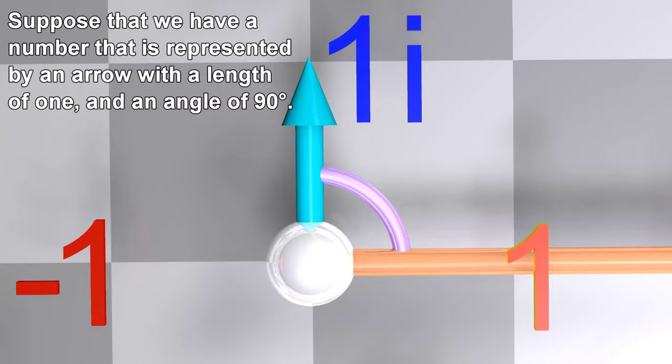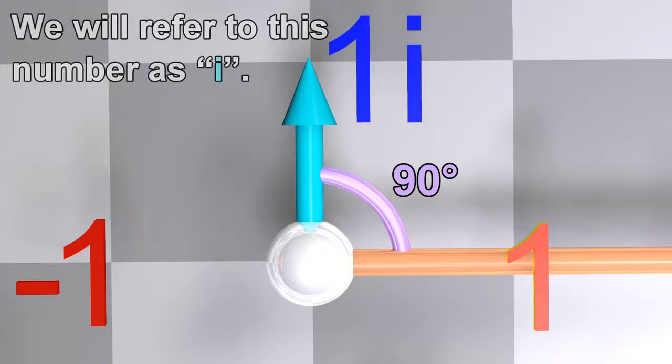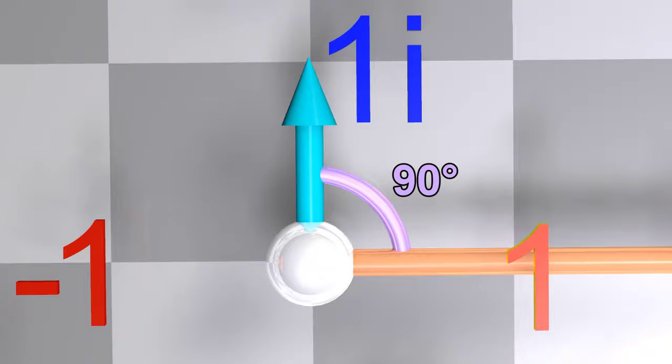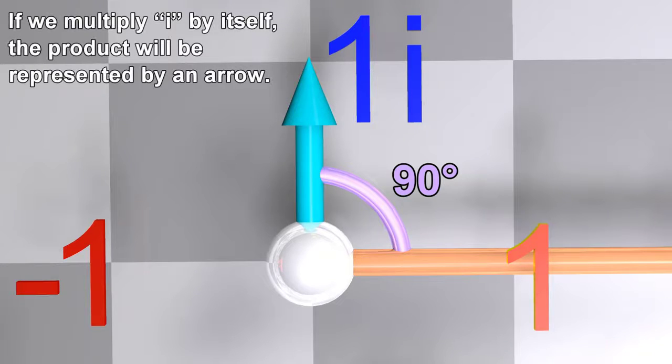Suppose that we have a number that is represented by an arrow with a length of 1 and an angle of 90 degrees. We will refer to this number as I. If we multiply I by itself, the product will be represented by an arrow.